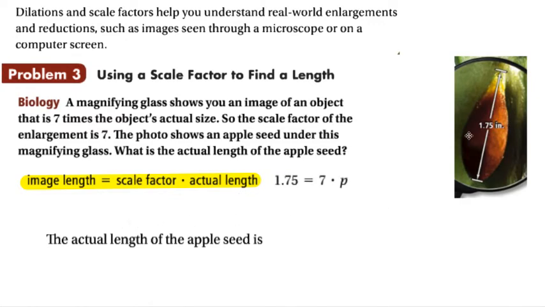So the image length is 1.75 inches. This is the image after magnification. We know that it's 7 times what the actual length is. Okay? So if we wanted to find the actual length, then we're going to go ahead and divide both sides by 7. Okay? So we get P equals 0.25, so the actual length of the apple seed is 1/4 of an inch.